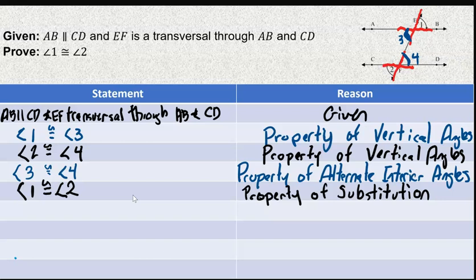Angle 1 is congruent to angle 2 because I could use the property of substitution, or if you prefer to write substitution property, I don't think it really matters, to support that alternate interior angles are congruent.